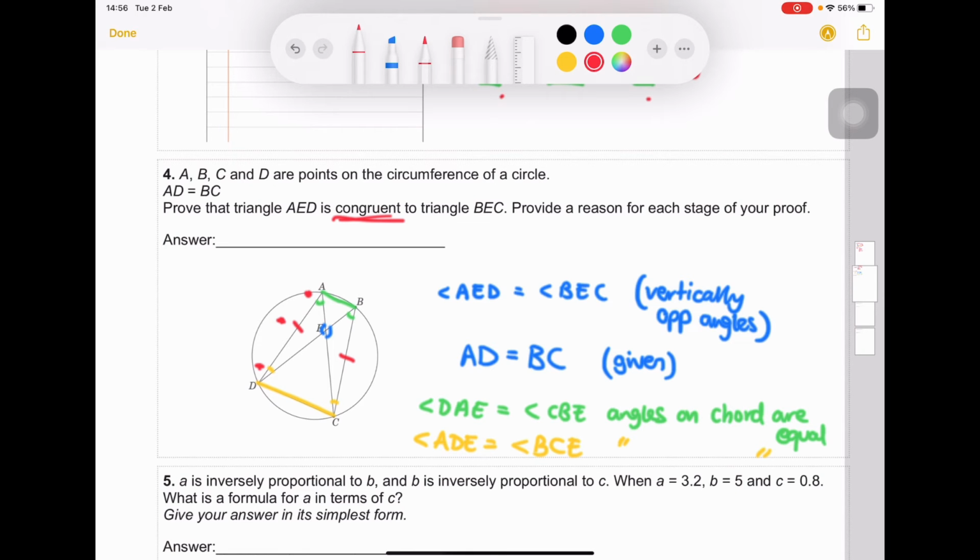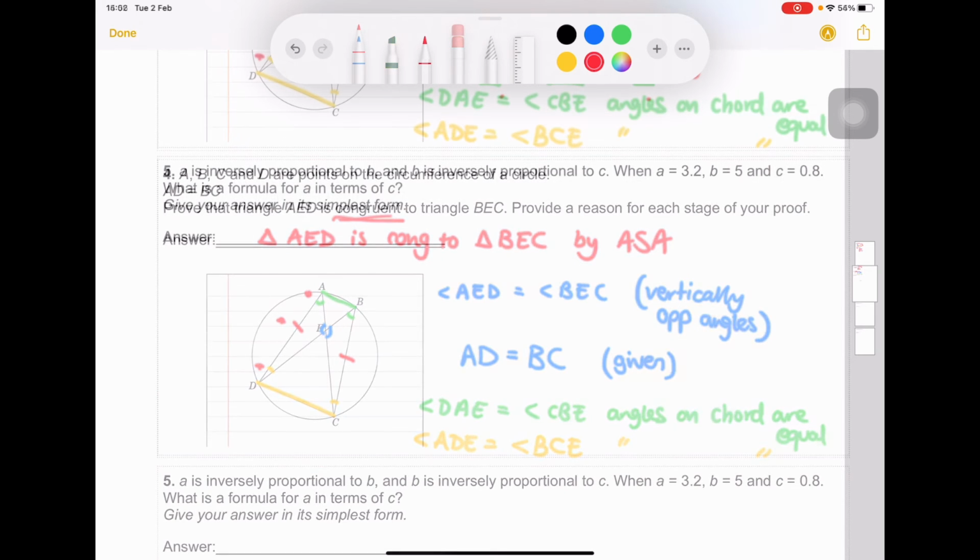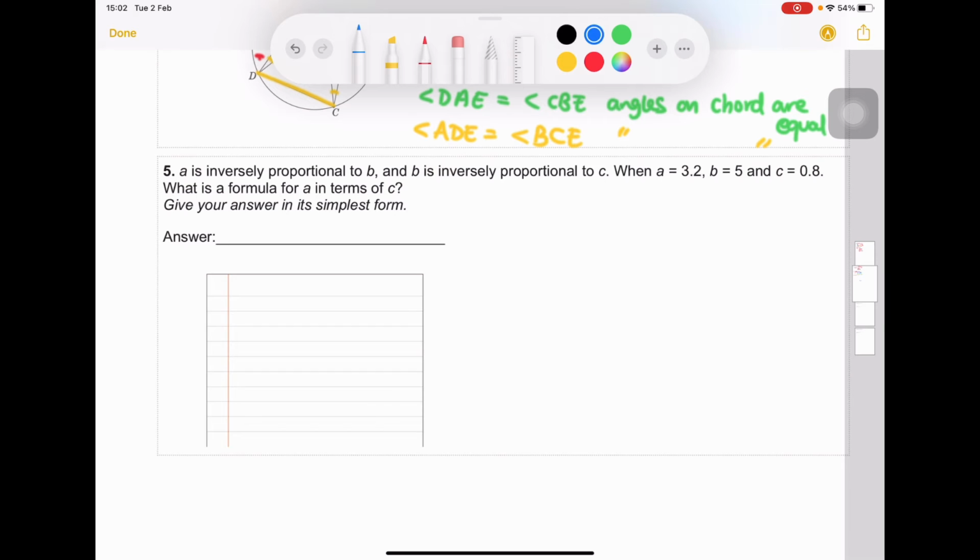So I will say triangle AED is congruent to triangle BEC by angle side angle.